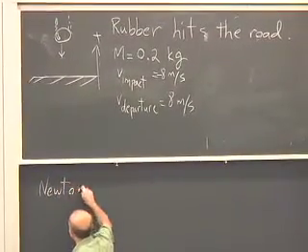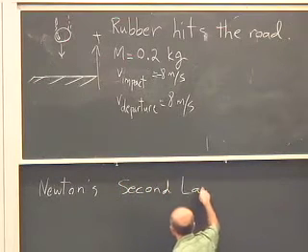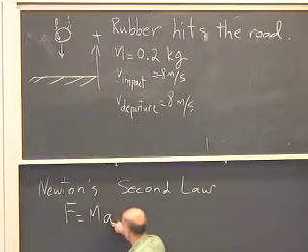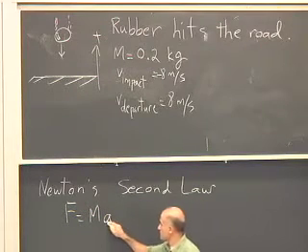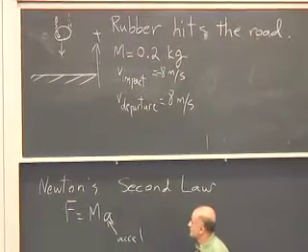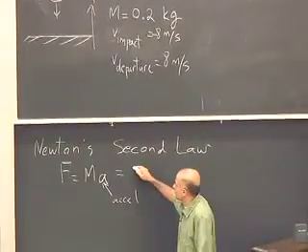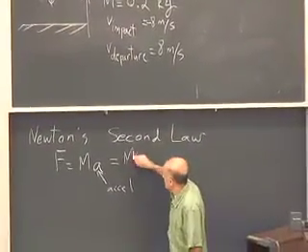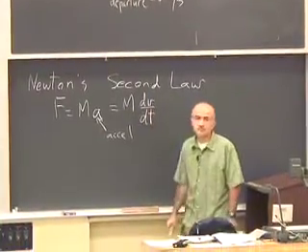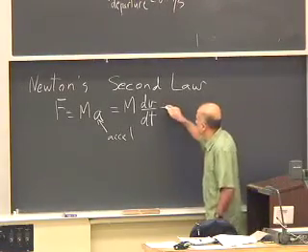We go to our favorite Newton's second law. F equals ma, where this is acceleration. If I write the acceleration in terms of the velocity, I have m dv over dt. Right? Acceleration is the derivative of velocity.